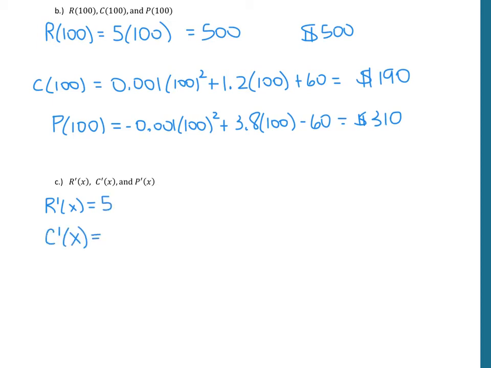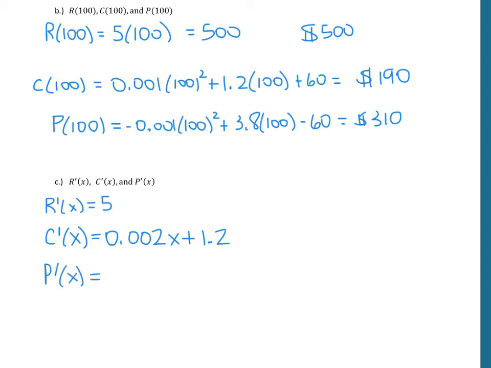Next, calculating C prime of x, the derivative of the cost function, comes out to be 0.002x plus 1.2. So there's our marginal cost. Next, let's calculate P prime of x.